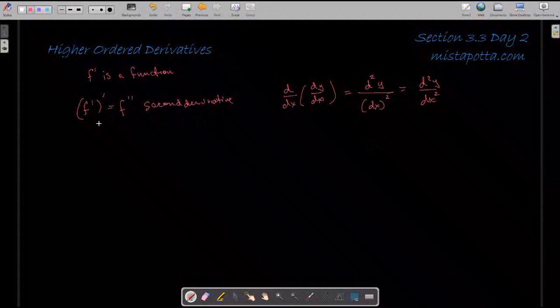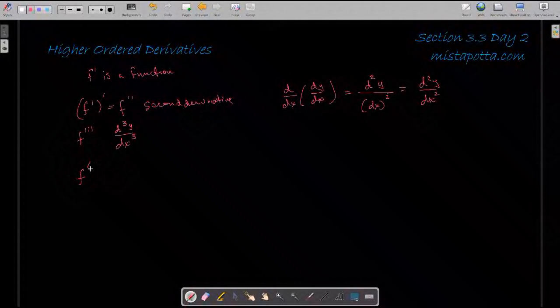And so we can take a third derivative if we wanted to, and the notation there would be d cubed y over dx cubed. We could take the fourth derivative, but we're not going to write primes here.